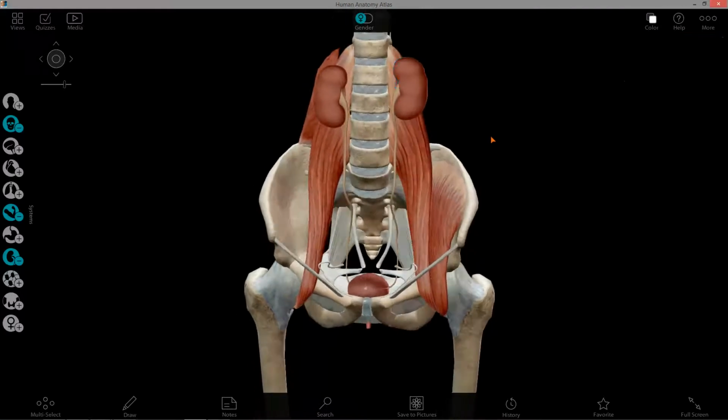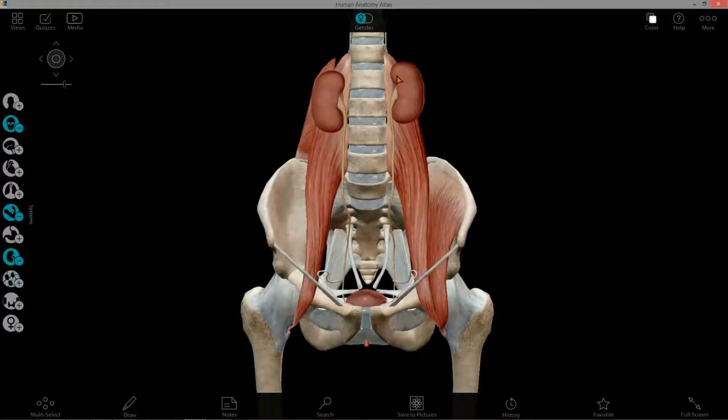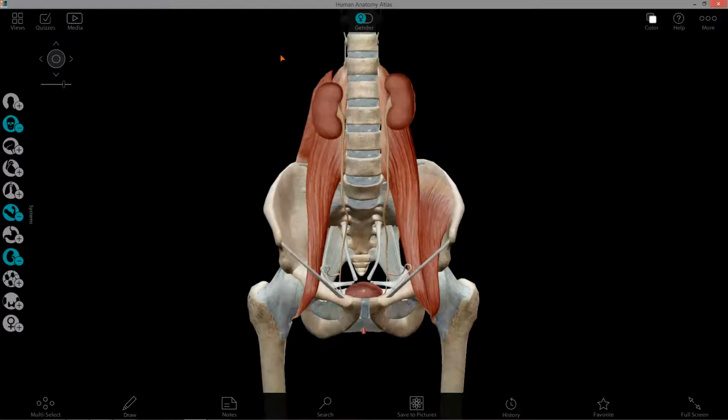Just keep in mind that the left kidney is a little bit higher, or more superior, than the right kidney, as you can see here. And thus the left kidney is in greater contact with the inferior surface of the diaphragm than the right kidney. This is presumably because the liver occupies such a large amount of space in the right side of the body, and thus the right kidney is lower.